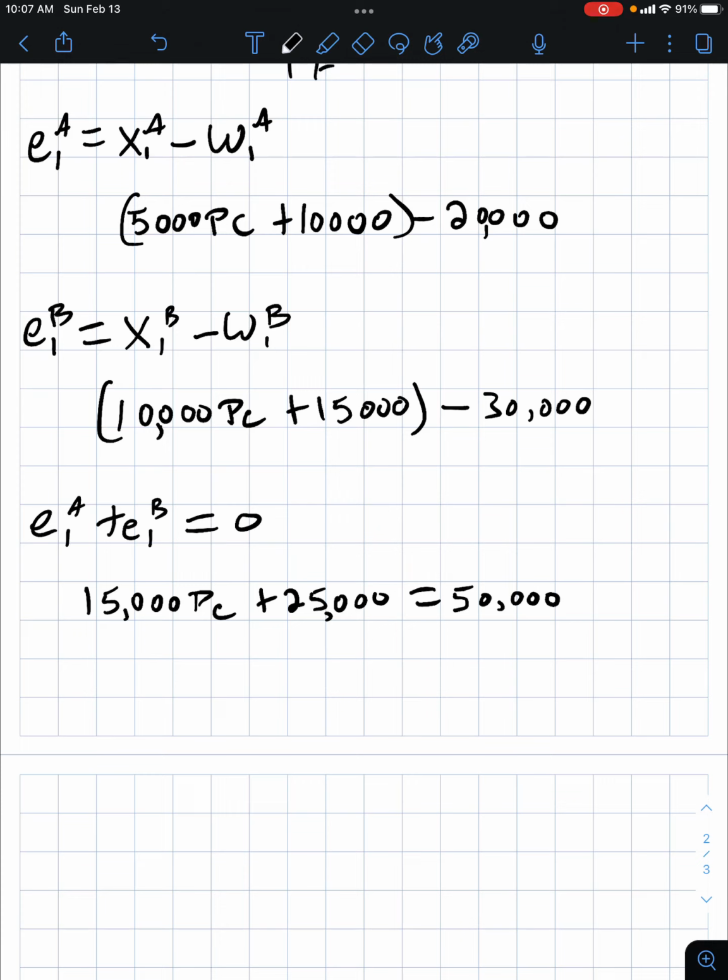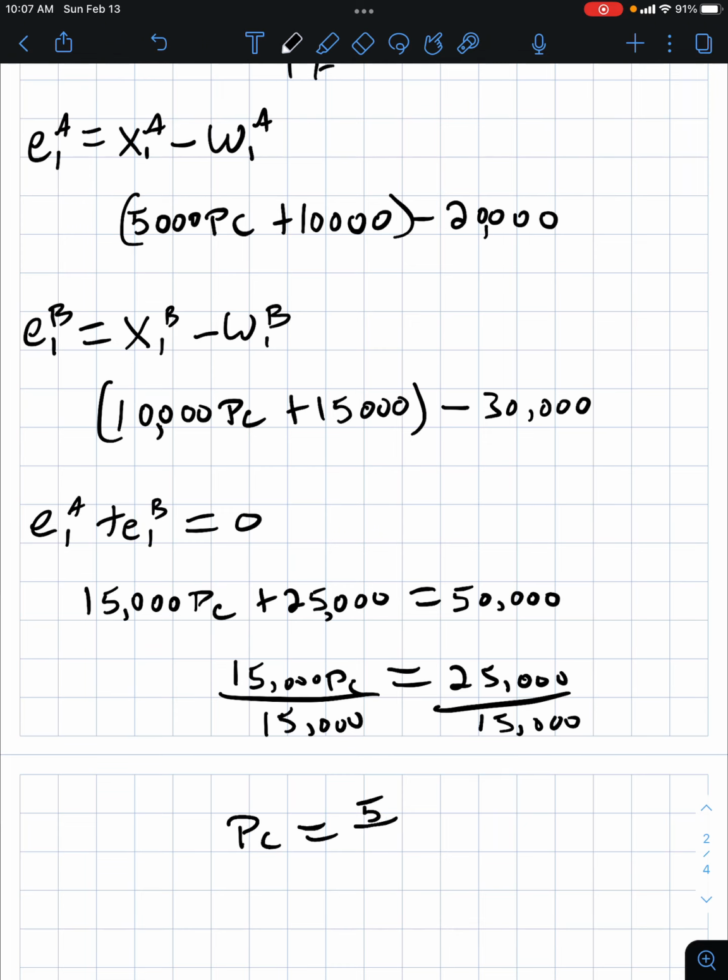I added 15,000 and 10,000, and then I moved the 20,000 and 30,000 to the other side because our equation is E_1^A plus E_1^B equal to 0. So then if I subtract 25,000 on both sides, we get 15,000 PC is equal to 25,000. Now we can solve for PC by dividing by 15,000 on both sides.